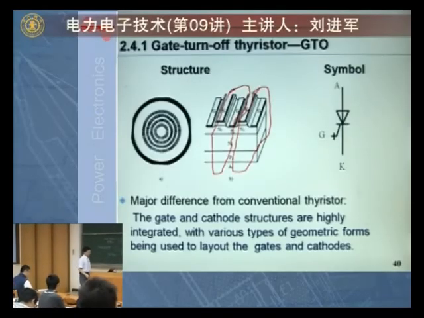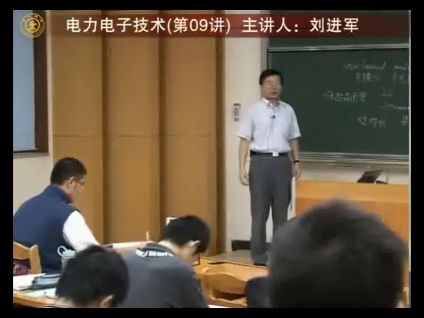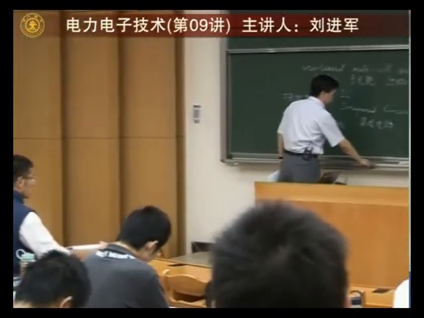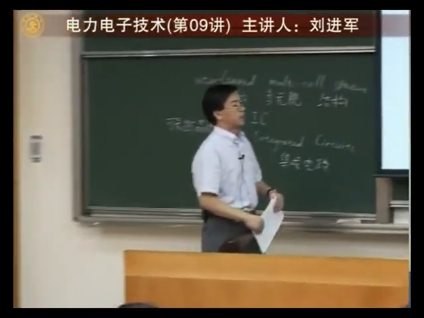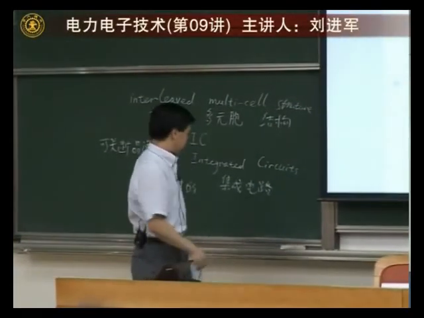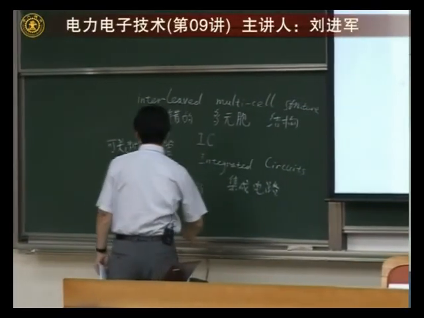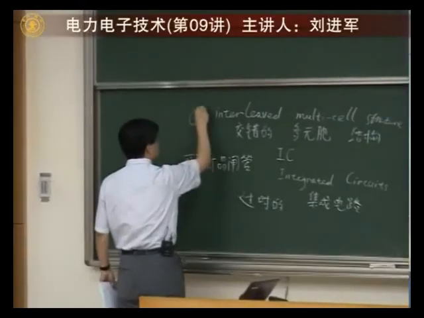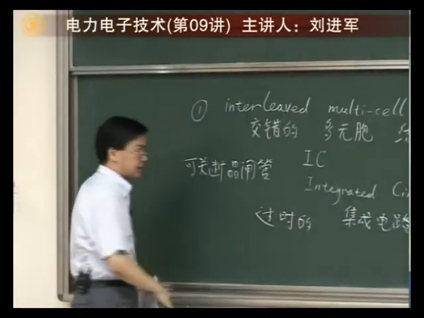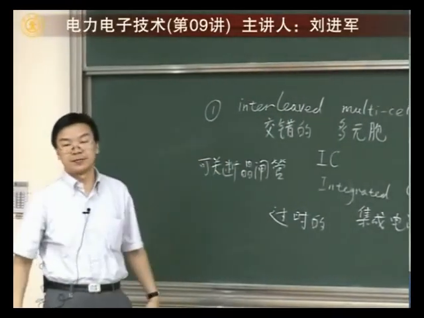The reason we are doing this, of course, is trying to make this thyristor able to be turned off. So that's the major reason. In order to have the ability to be turned off through gate, you have to have this.